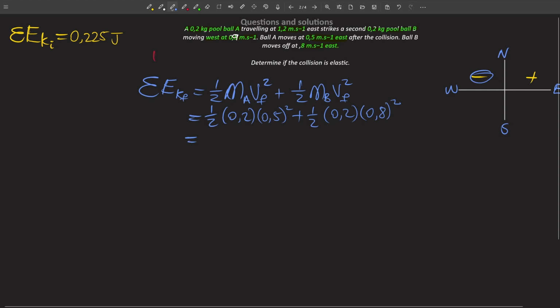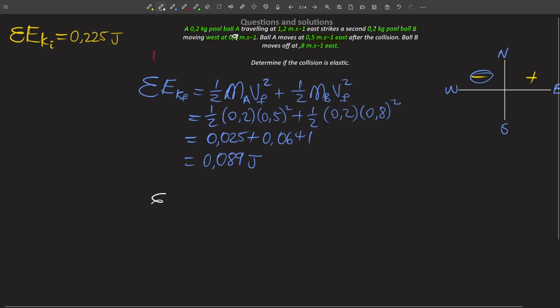My answer here will be 0.025 plus 0.0641, which gives us an answer of 0.089 joules.